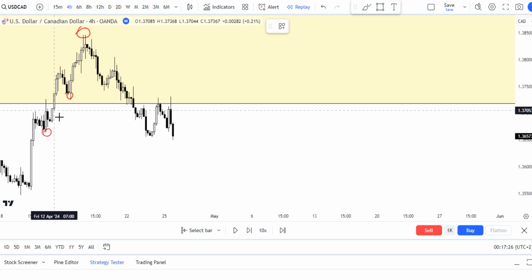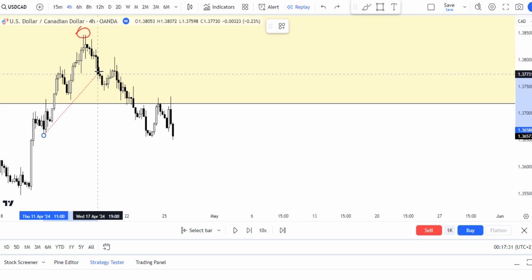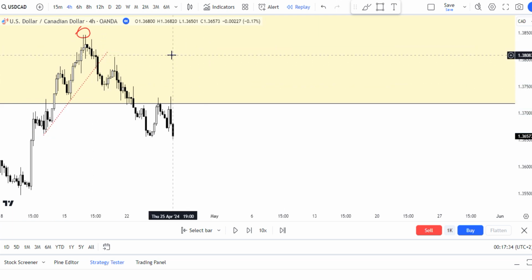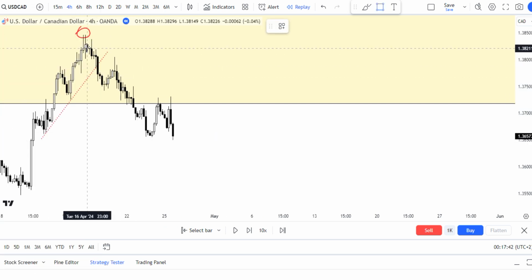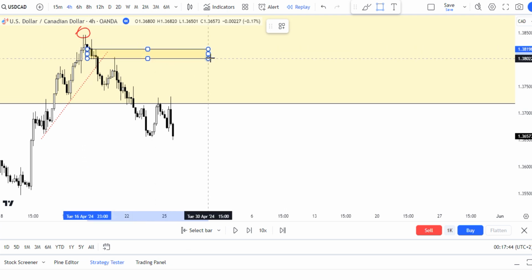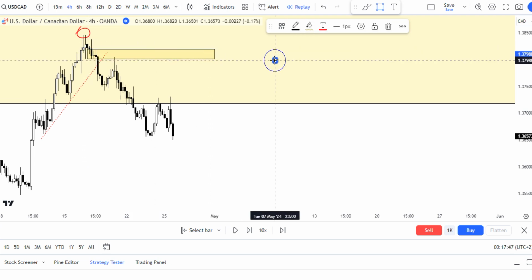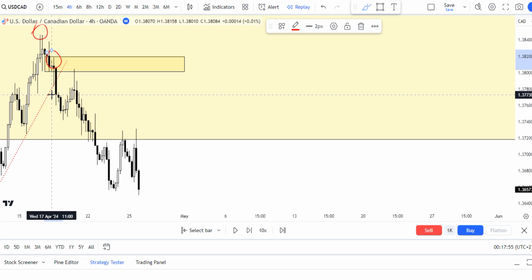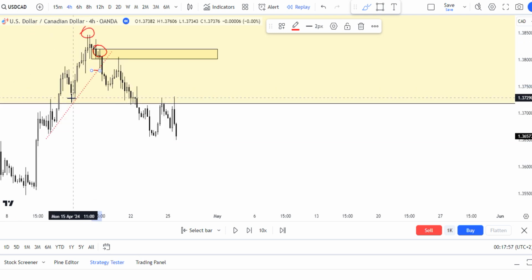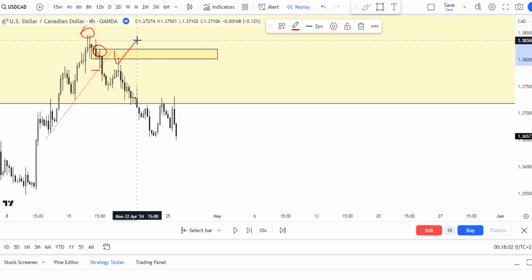Let me connect them just like that, and now you can see that we already had an order block right here. How did this one become an order block? Because it broke the trend line with this ERC candle. So it achieved something, so you must place an order.